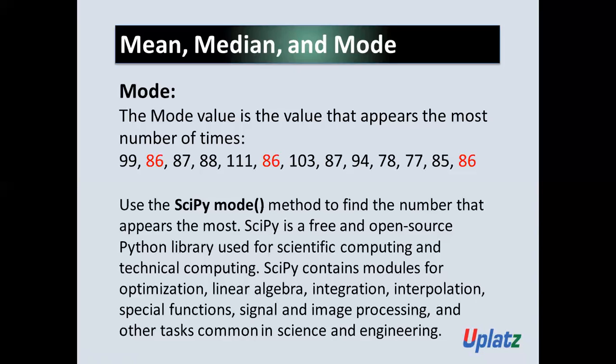SciPy contains modules for optimization, linear algebra, integration, interpolation, spatial functions, signal and image processing, and other tasks common in science and engineering. So to find the mode value, you need to use the method mode which is present in the SciPy library.